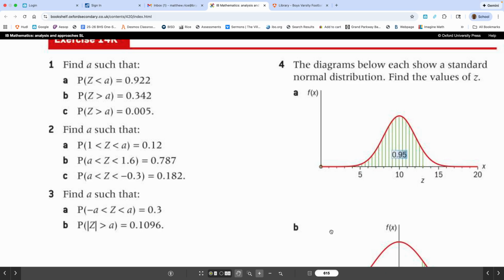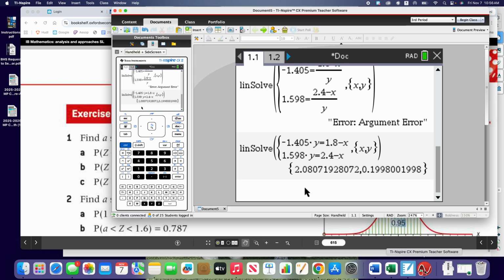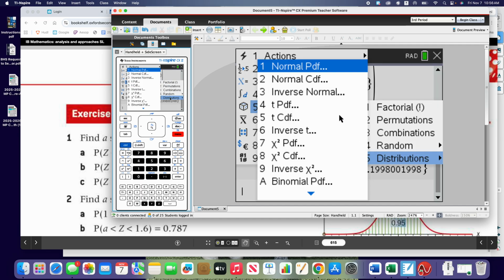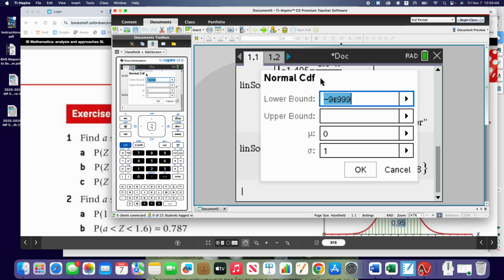Well, I'm going to go to my calculator. And I know it's hard to see up there because I have some of the writing up there. I'm going to go to menu, probability, distributions, and I'm going to use normal CDF. So if I want everything less than 1.6, negative 9E99 is my lower boundary. 1.6 is my upper boundary. 0 and 1 are my mean and my standard deviation.